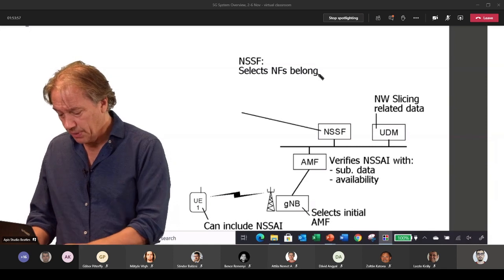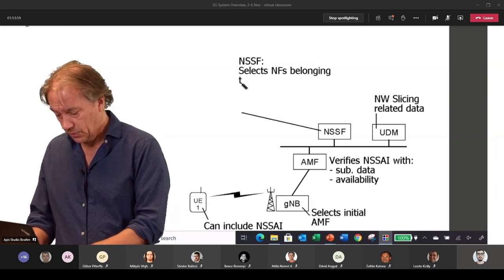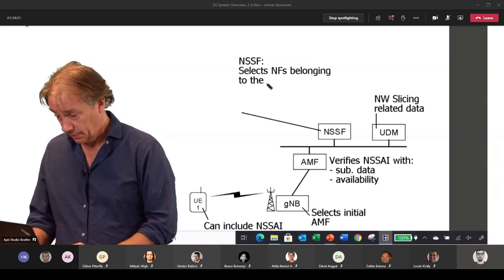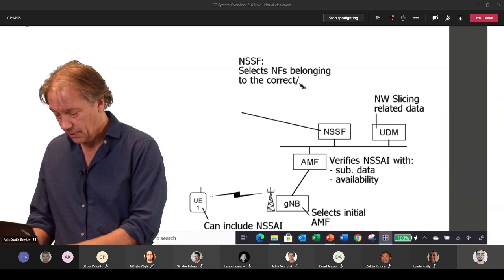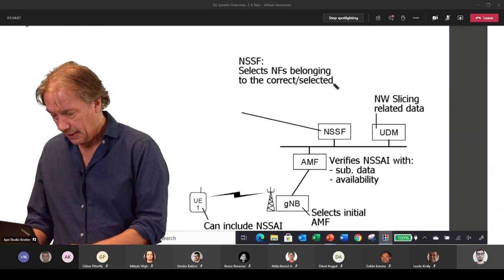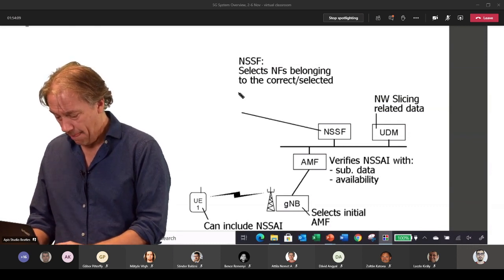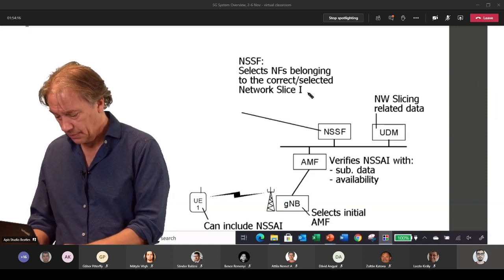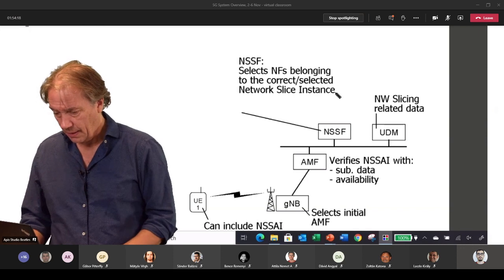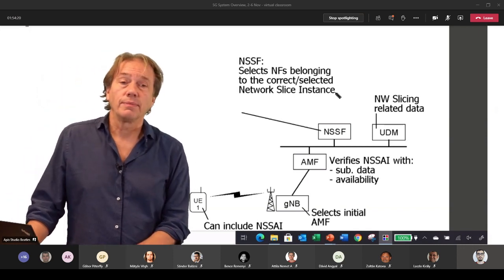Selects network functions belonging to the correct or selected network slice instance.